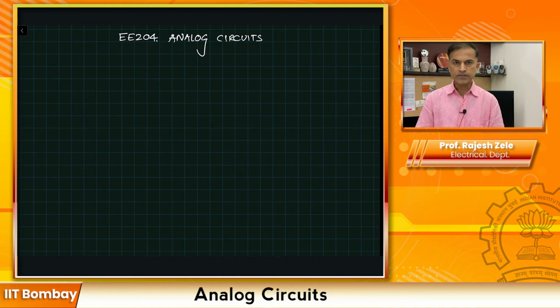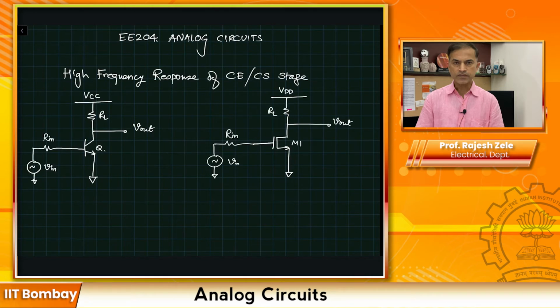So let's draw the schematics first. On the left side we are seeing a common emitter amplifier. On the right side I have drawn a common source amplifier. Going forward, we will be always comparing bipolar and MOS transistor stages together so we can draw parallels between the two configurations.